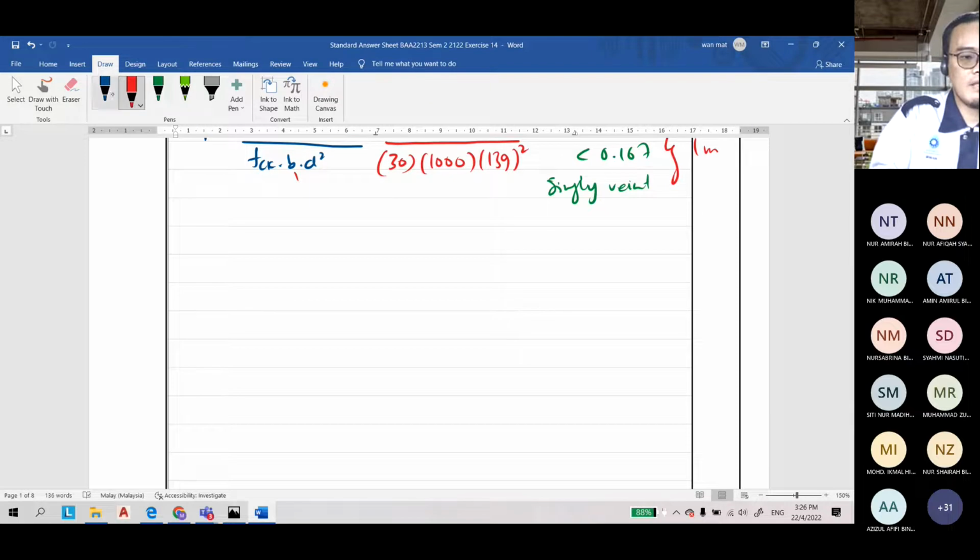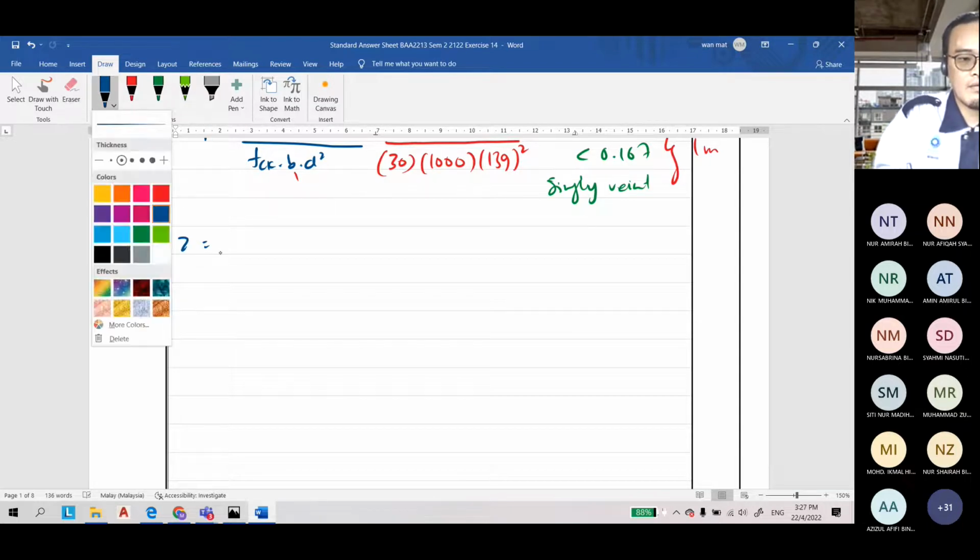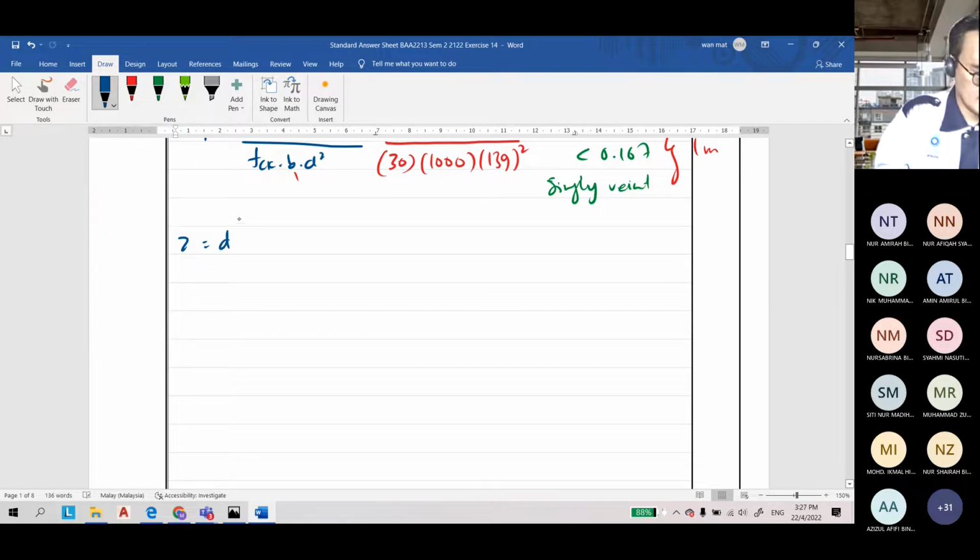And then the value of Z is equal to D times 0.5 plus square root of 0.25 minus K divided by 1.134.